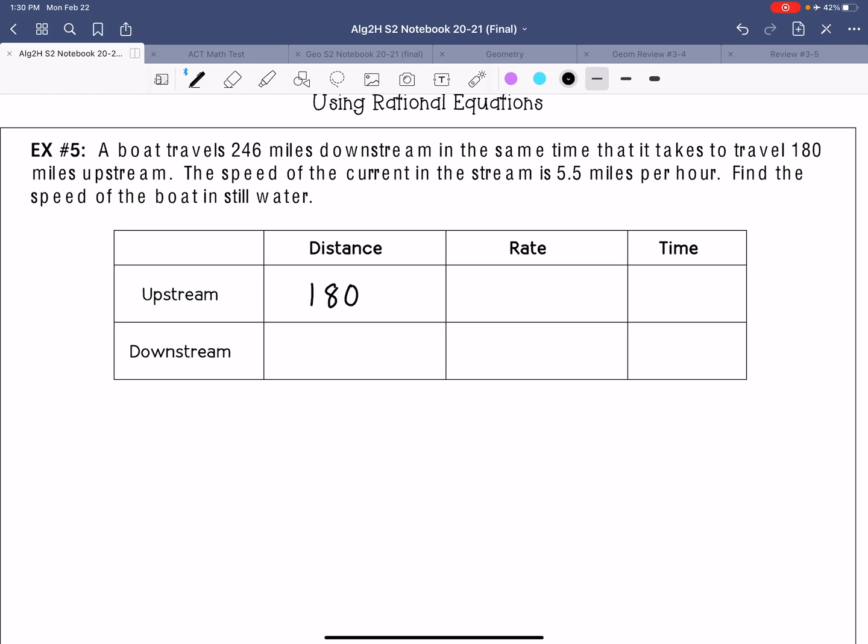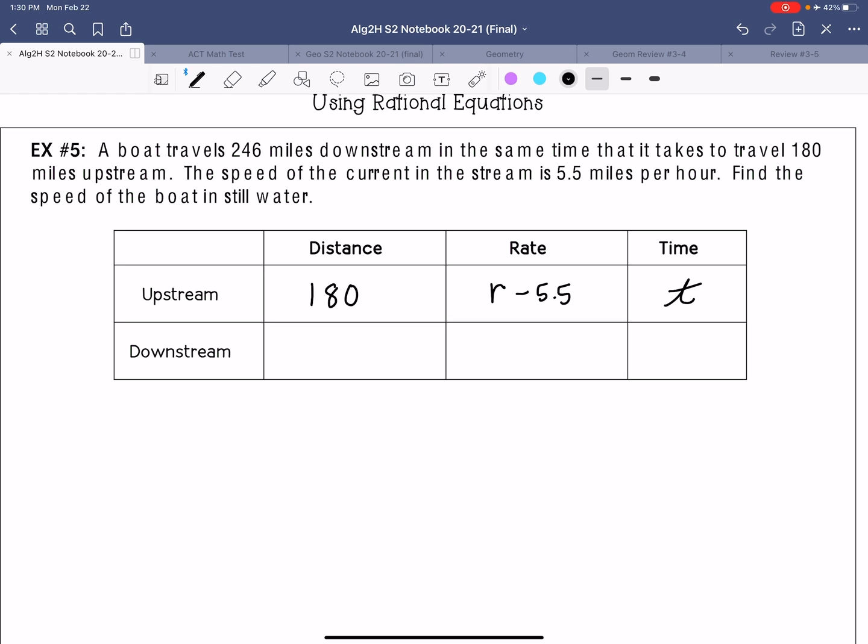So I'm actually going to be going slower than 20 miles per hour because a current of 5.5 miles per hour is pushing me the opposite direction. So when I'm going upstream, my rate is going to be minus 5.5 miles per hour because it's working against me. So I'm going slower in t amount of time.